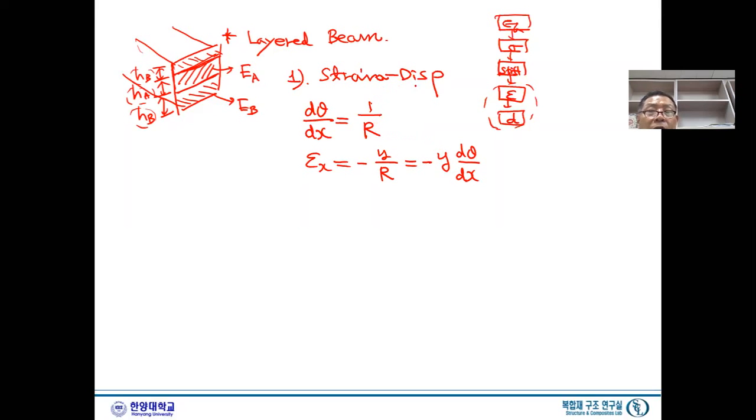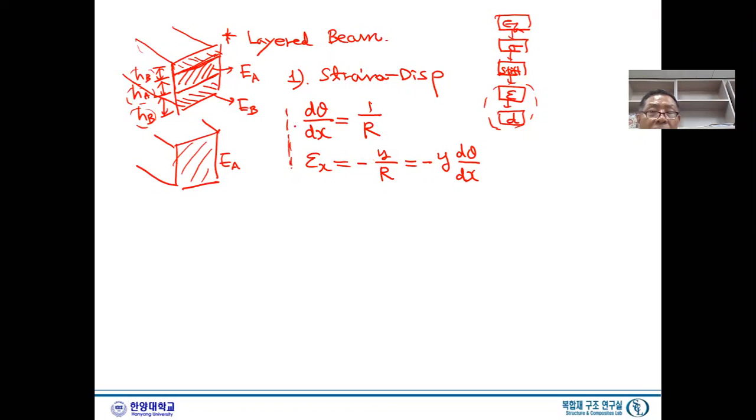This is the strain displacement relations for a section with constant material, all with Young's modulus E. But the point here is that if you look at this derivation or result, there are no terms related to material properties.